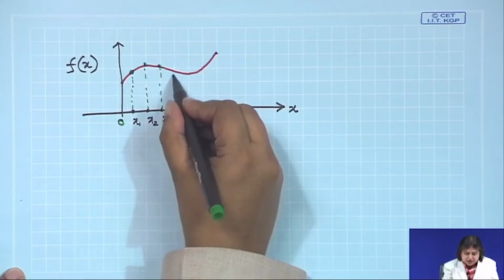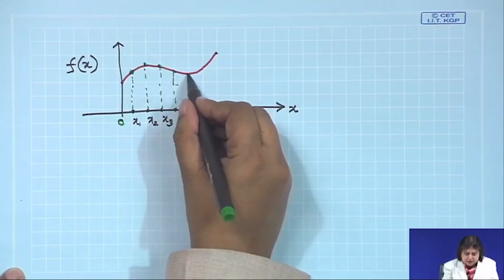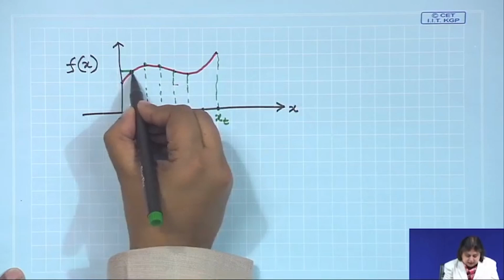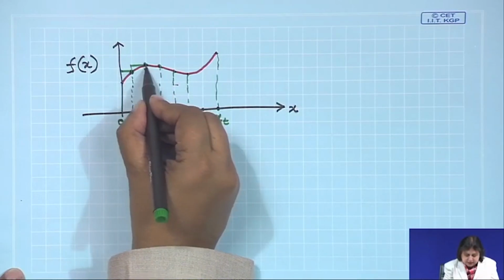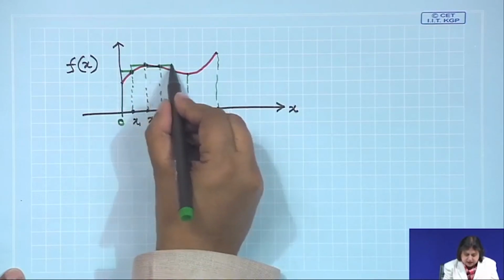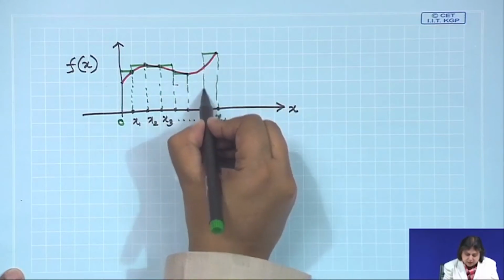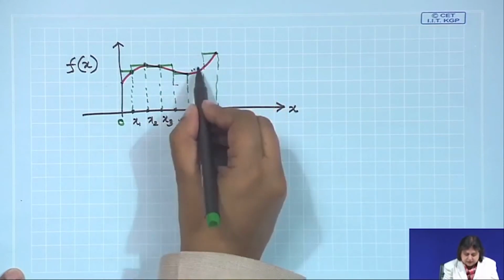This discretization is important because if you find out the areas of these rectangles in this figure, that is going to give you a rough approximate value of the area under this curve.